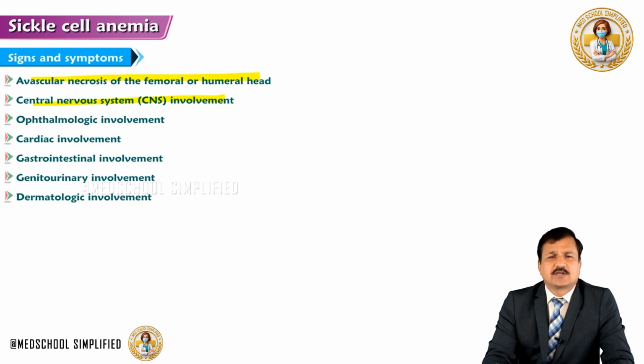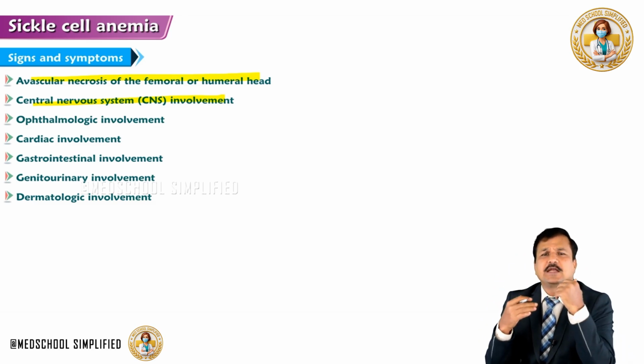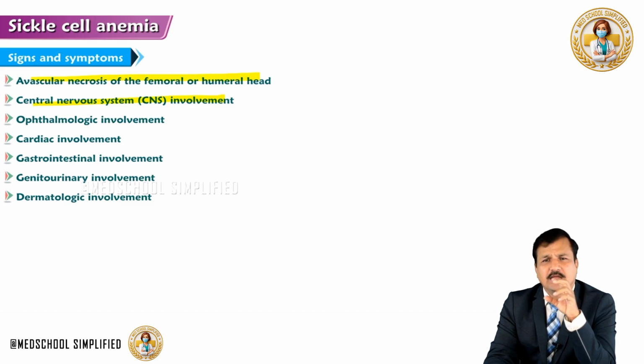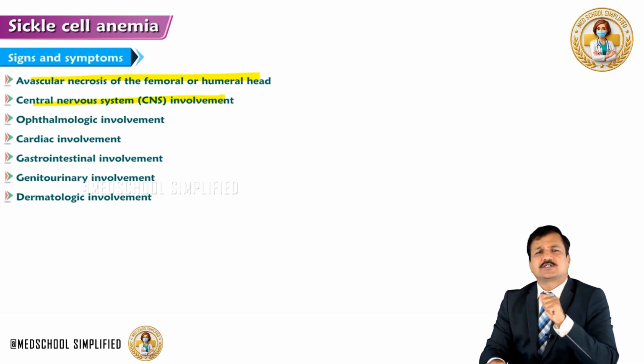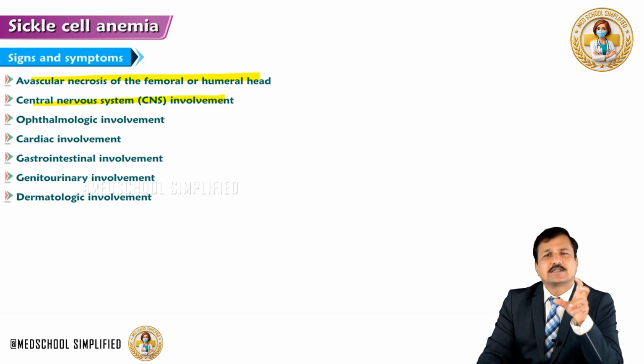Ophthalmological involvement in sickle cell anemia can be ptosis, that is drooping of the eyelid, can be retinal vascular changes, and also proliferative retinitis. Cardiac involvement can be dilatation of both the ventricles and the left atrium. That is one of the findings you see in sickle cell anemia. And the gastrointestinal involvement can be cholelithiasis because of calcium bilirubinate gallstones.